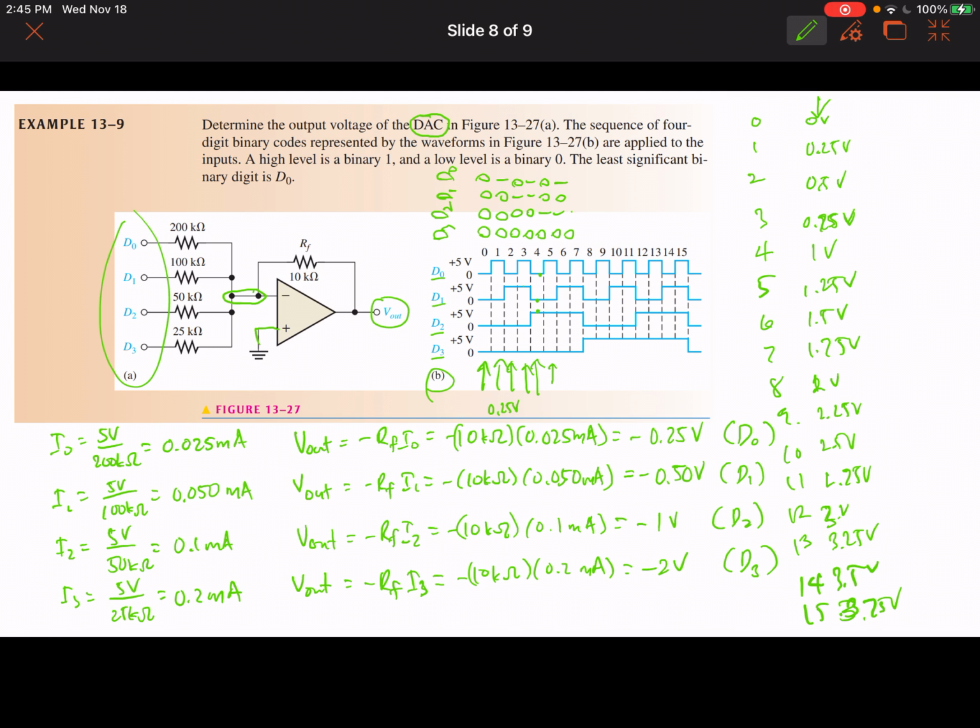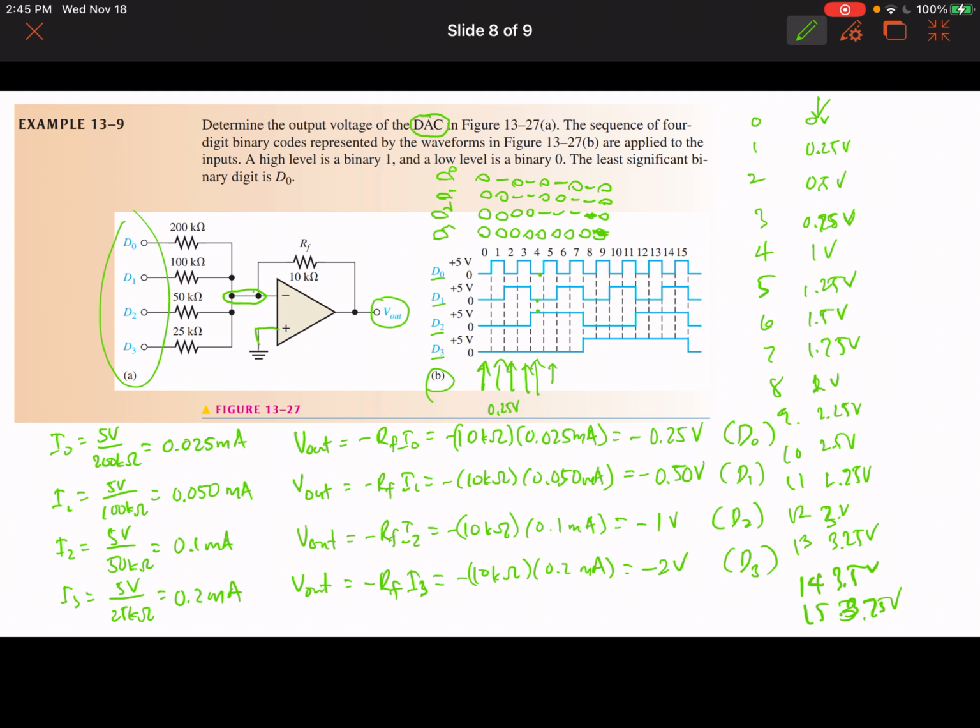So you can see that we can actually complete this, and observe that if you're familiar, this is actually the binary form of these numbers.